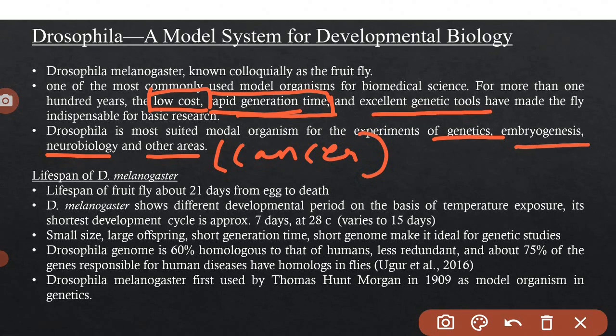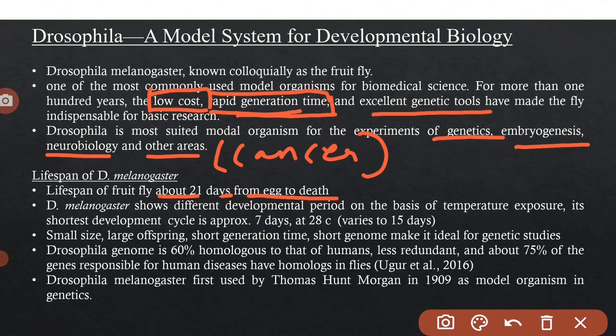First, the short or rapid generation time, which is completely dependent on the lifespan of Drosophila melanogaster. We know that the lifespan of Drosophila melanogaster is only about 21 days. That means from egg to death, it has only 21 days to complete its life.